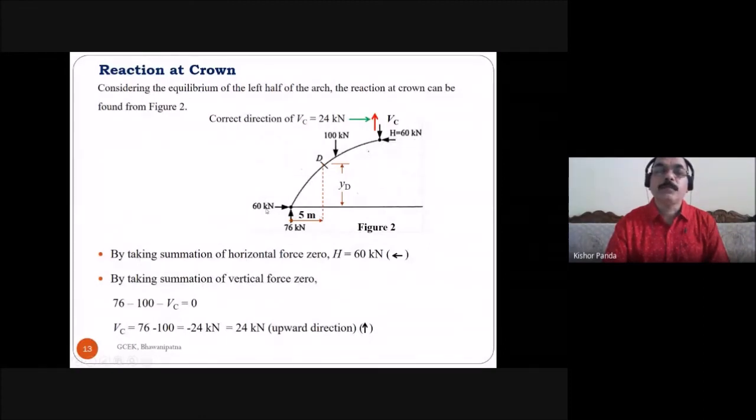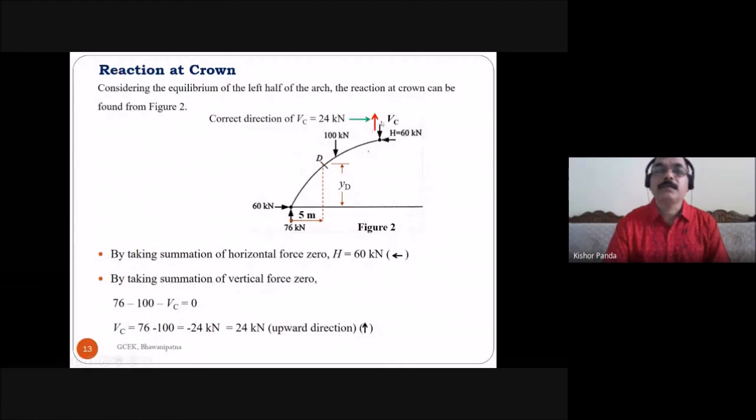So 60 minus HC is equal to 0. So HC is equal to 60 kilonewton, directed to the left.